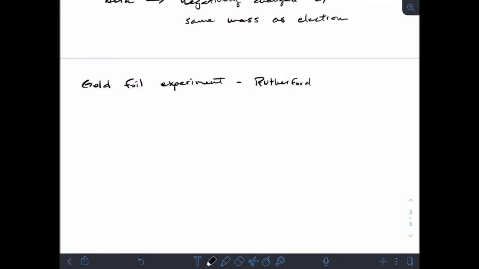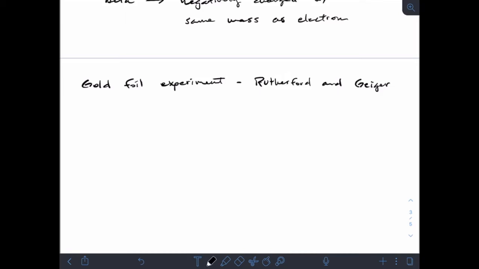He was a physicist, but boy, a lot of his discoveries were very, very important for chemistry. But Rutherford and his old pal, Geiger. And yes, that's the same Geiger from the Geiger counter.